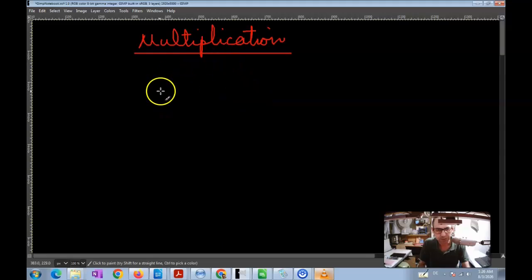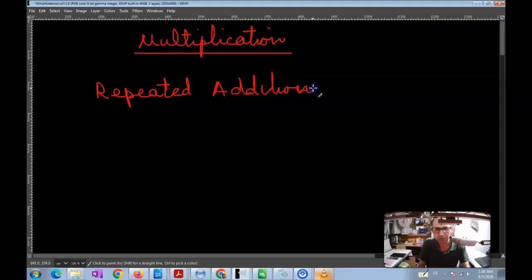So what is multiplication? Multiplication is nothing but repeated addition. What I mean by that, what is repeated addition?